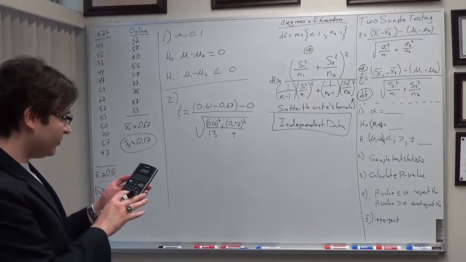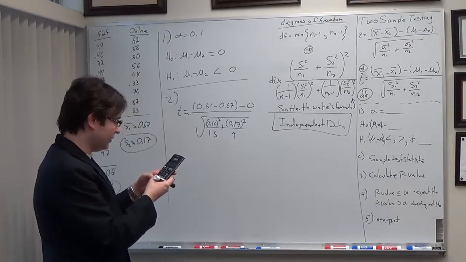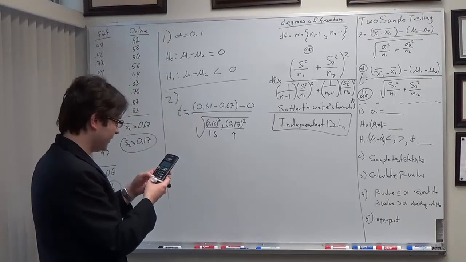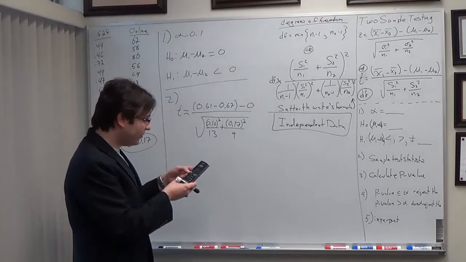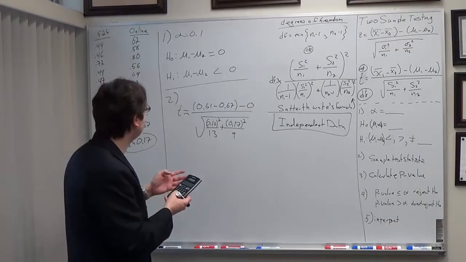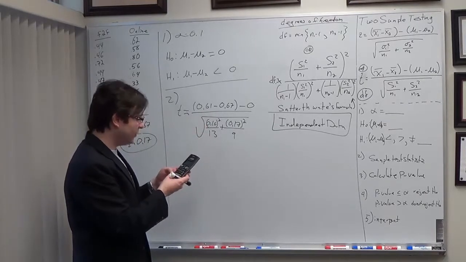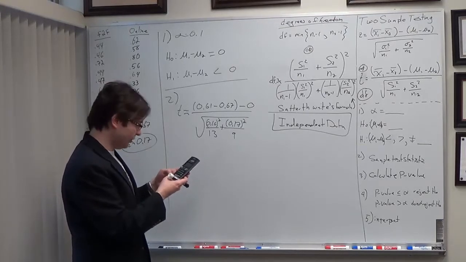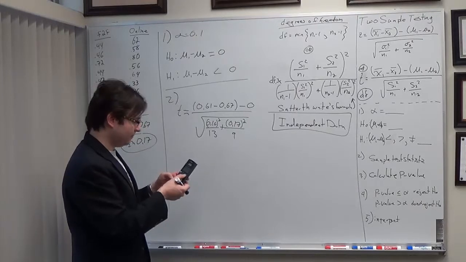As I calculate that t-statistic, I'll plug this into our calculator. I'll use the fraction bar here. On top I'm going to get 0.61 minus 0.67. I'm expecting a negative number there for my t-value. On the denominator I'm going to hit second, x squared, which will give me a square root, and then I'll use more fraction bars to get 0.16 squared over 13, as well as 0.17 quantity squared over 9.